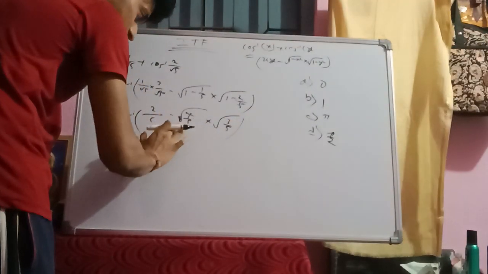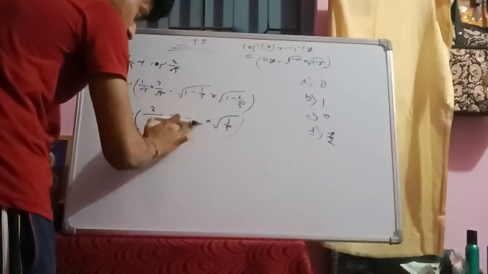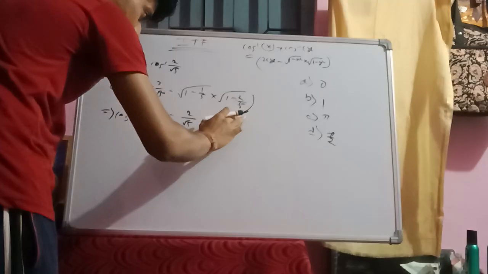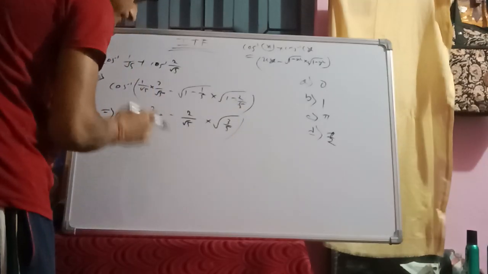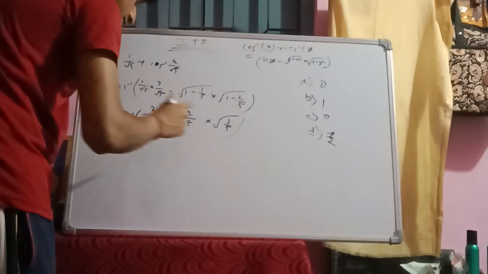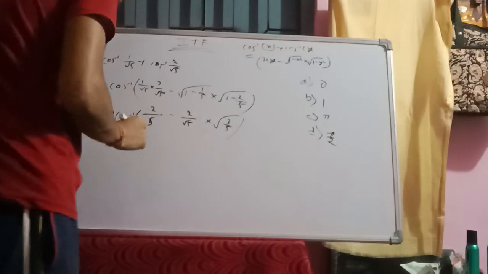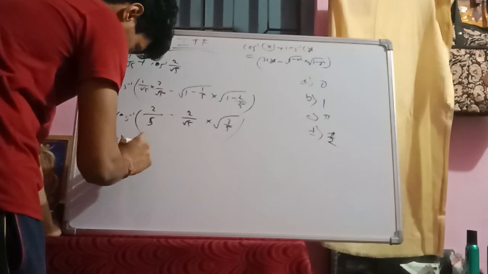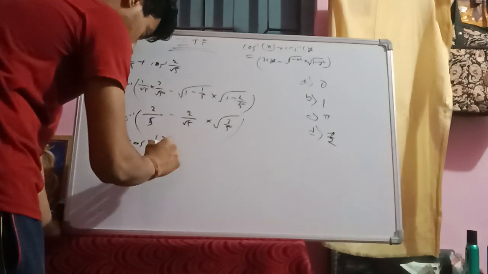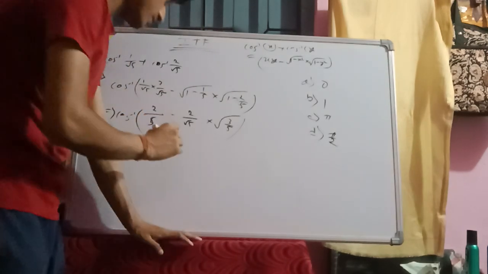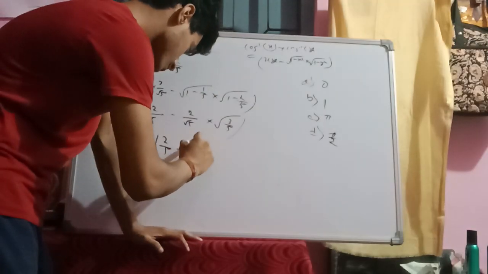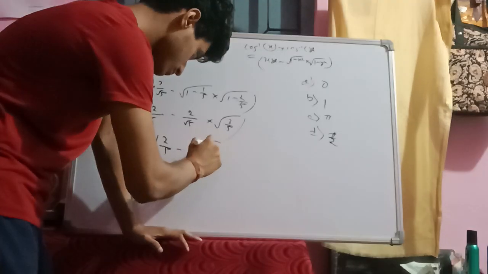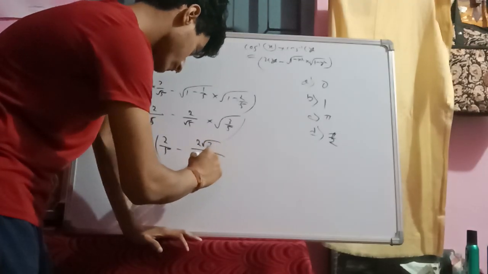So I can rewrite this as 2 over root 5 and let's just let this one stay like this. And upon multiplying, this becomes 2 over 5 minus 2 root 3 over 5.